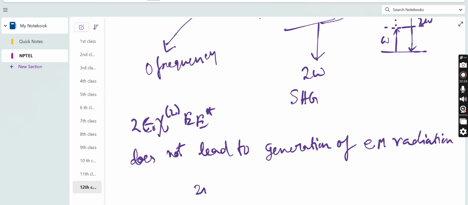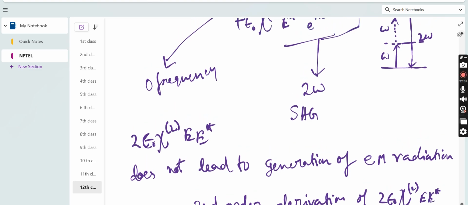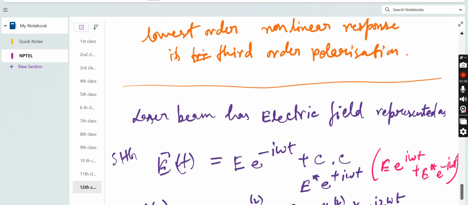Why? Because the second order derivation of 2 epsilon naught chi 2 is star, as we all know.